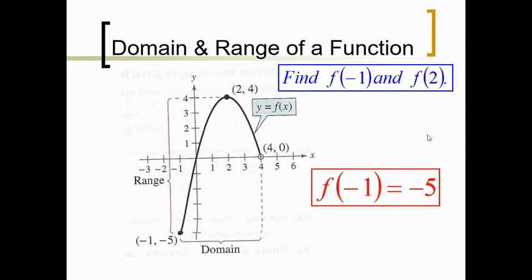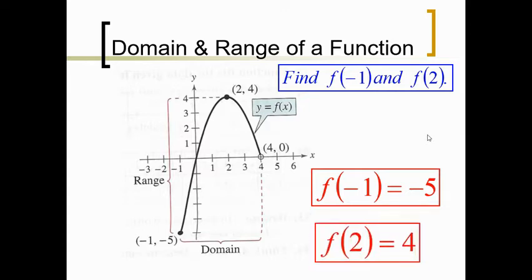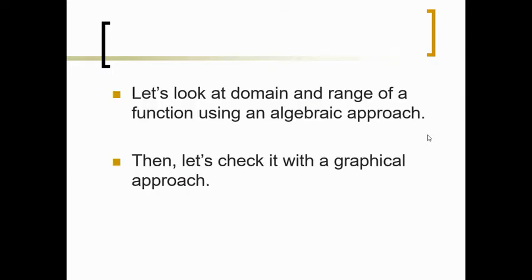Then the next one is f of 2. So if you come to x equals 2 and you go up, you'll see that your value is 4. So they're telling you what the x values are, -1, and they want the y value, -5. The x value is 2, and then they want the y value of 4.